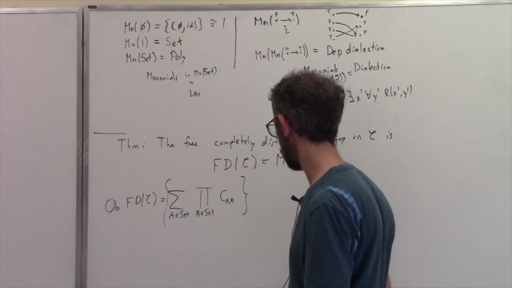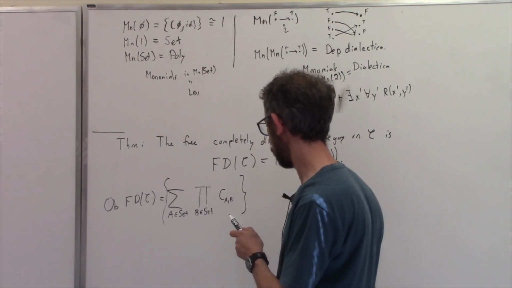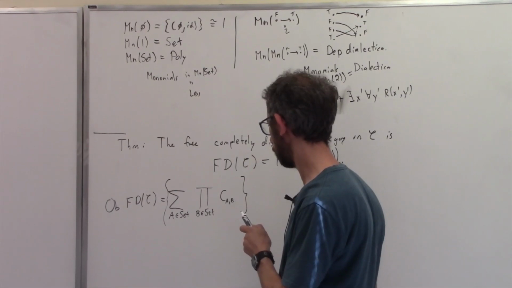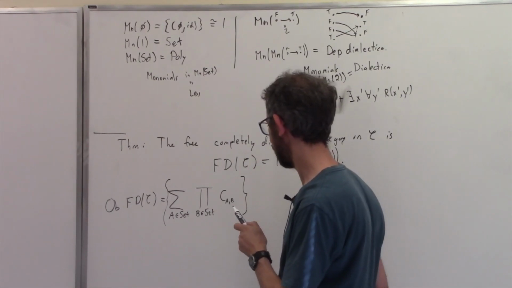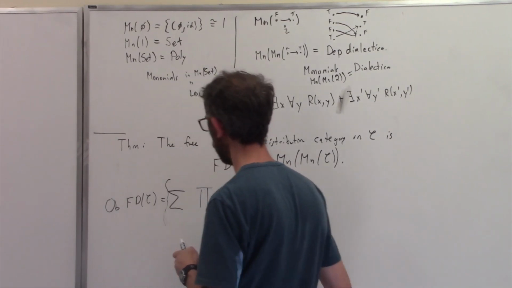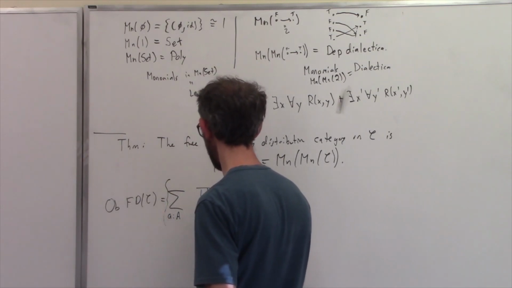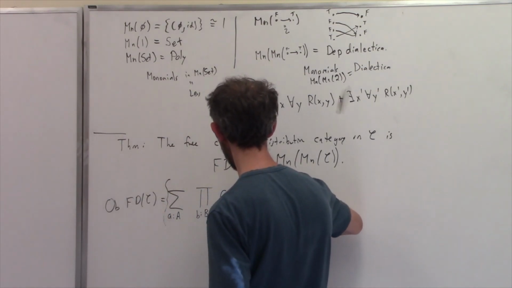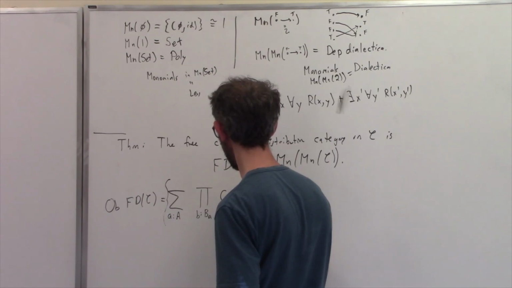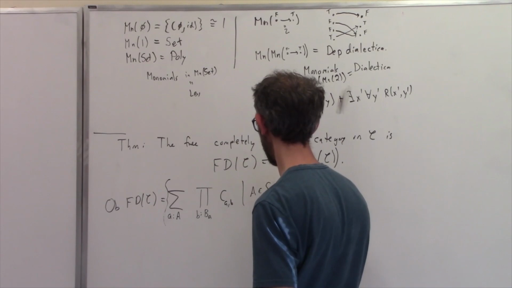A choice of A in set, a choice of B in what? Oh, that doesn't make any sense. Sorry. Okay. A in A, B in B_A, of C_AB, where A is in set. There we go.